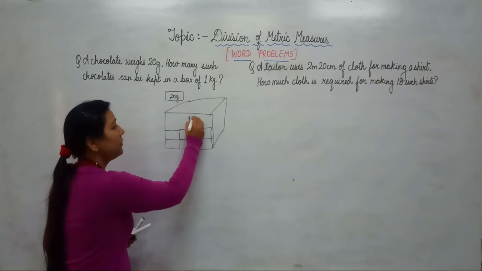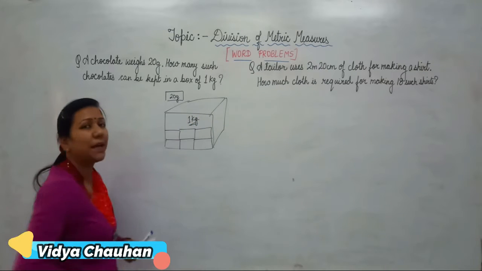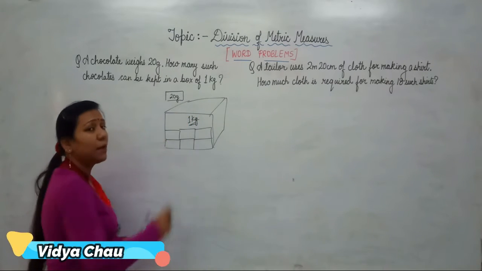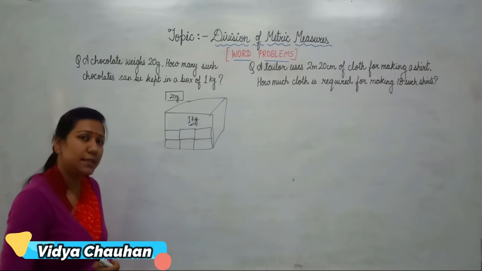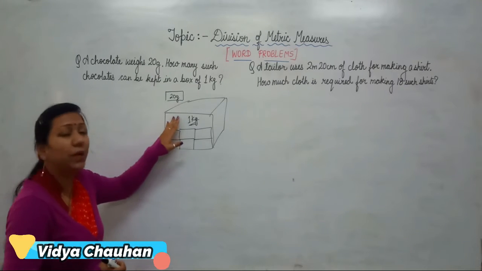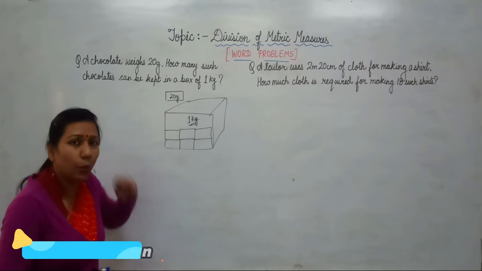The box has a capacity of 1 kg and you have to keep 20 gram small chocolates in it. So what you have to find is the number of chocolates which we can keep in this box of 1 kg.